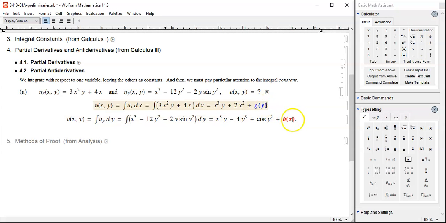And then you can compare these two. Do you see x cubed y is common? That looks good. And here is an expression of x alone. And these two are y alone.